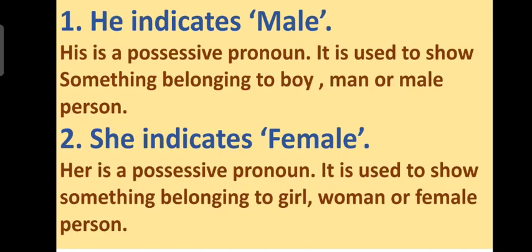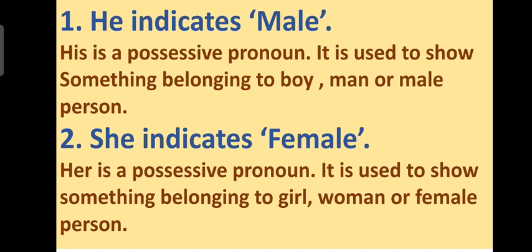Very good. So children, he indicates male. We use he for male, for boy. Okay. So his is a possessive pronoun. It is used to show something belonging to a boy, man, or male person.